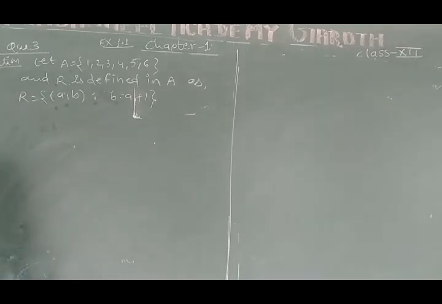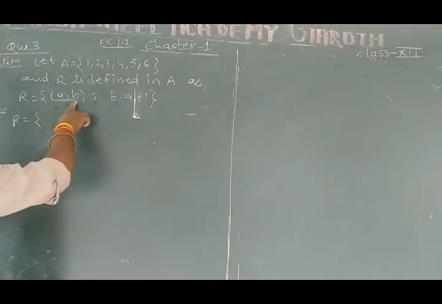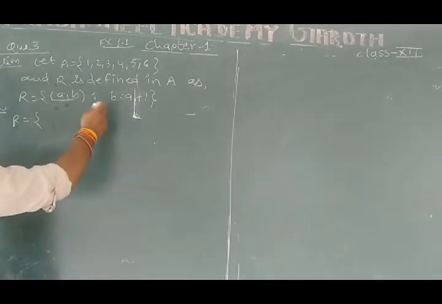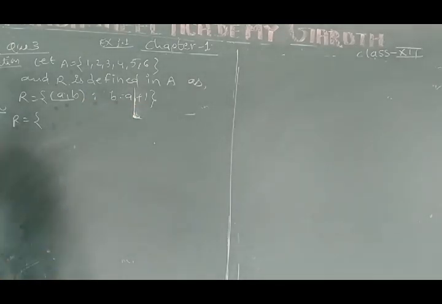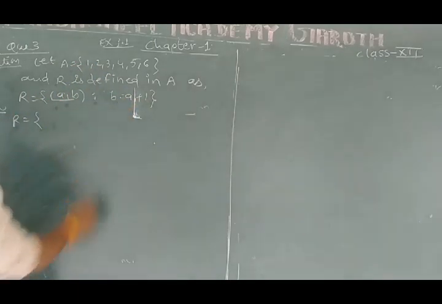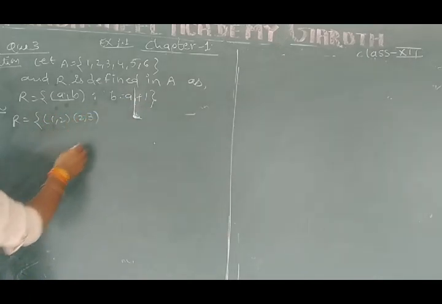So, first, according to the relation, we know that R contains the ordered pairs such that the second element is obtained by adding one to the first element. All the A and B are taken from the set A. Therefore, if we take the value of A as 1, then B is 2, so the ordered pair 1, 2. If we take the value 2, then B will be 3.